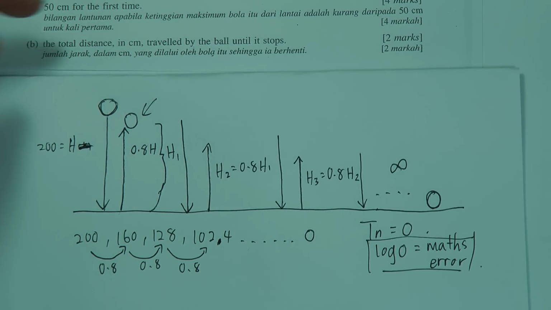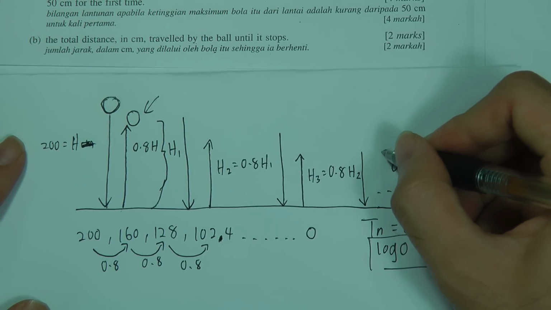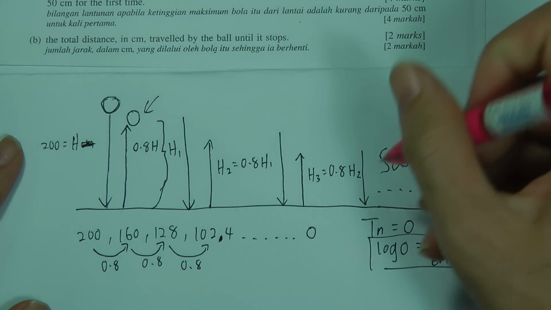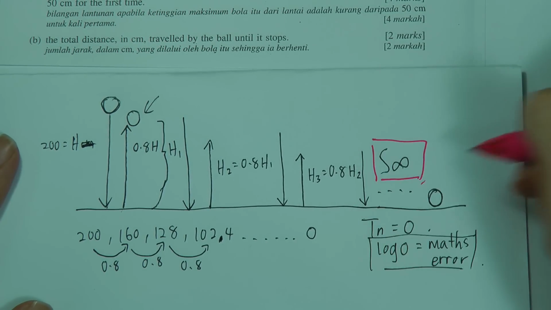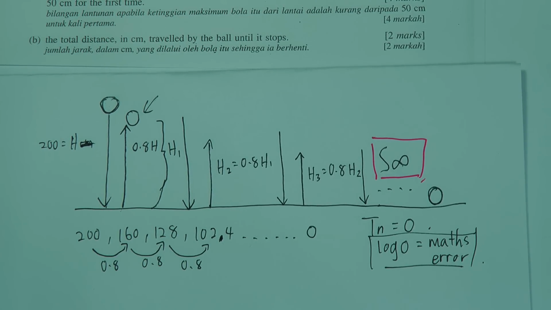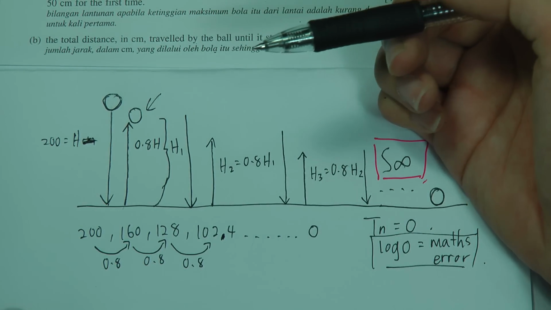But in the question he didn't mention you have to use this formula. So the first clue is that you have to know in this question you have to use sum to infinity.